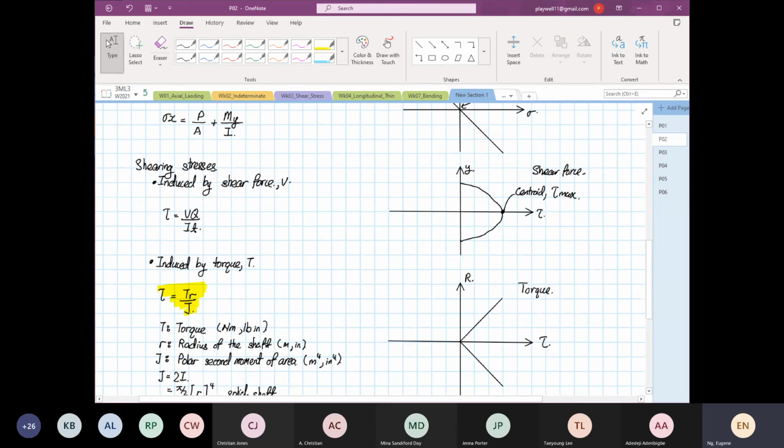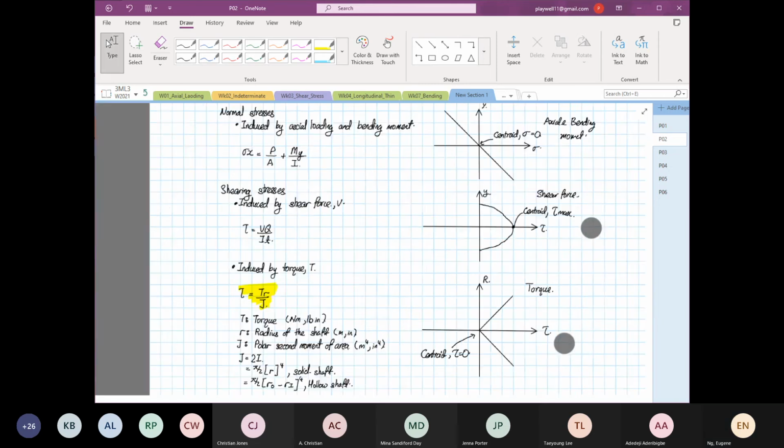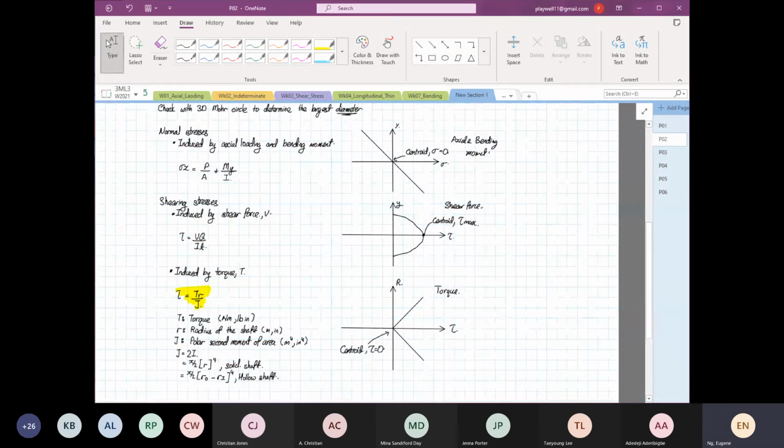So this is the distribution now, and you realize that at the centroid, the shear stress is equal to 0 for the torque down here. You guys say, oh no, right? Okay. So we are going to combine everything in our analysis now.